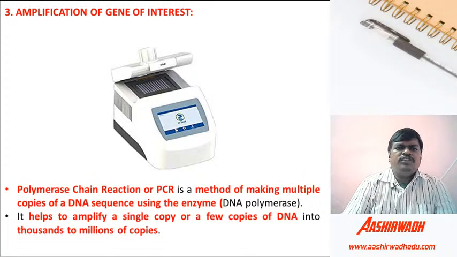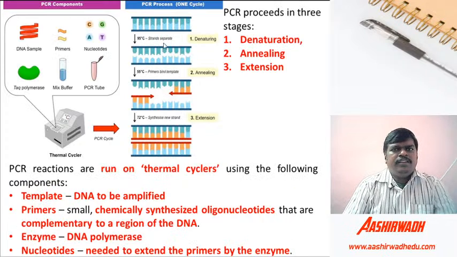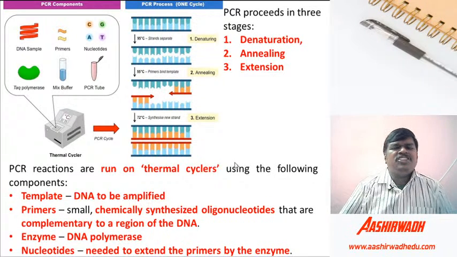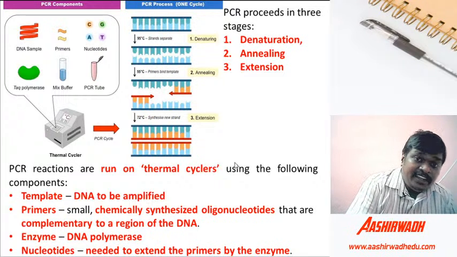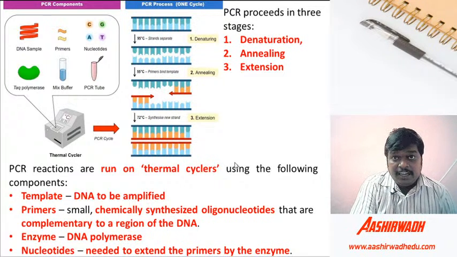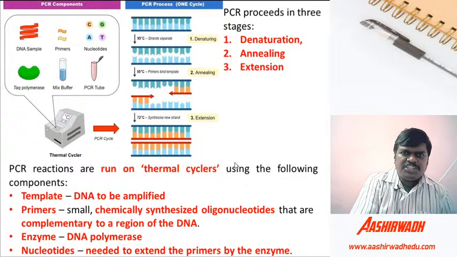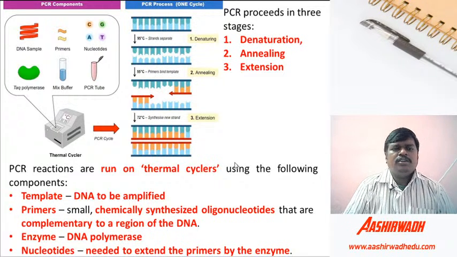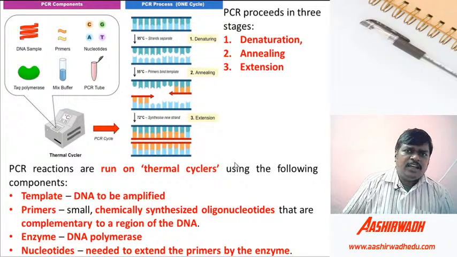First, let us see how this process is done. Here, this PCR process involves three important stages. One is called denaturation, annealing, extension. Denaturation, annealing, and extension. These are the three stages.